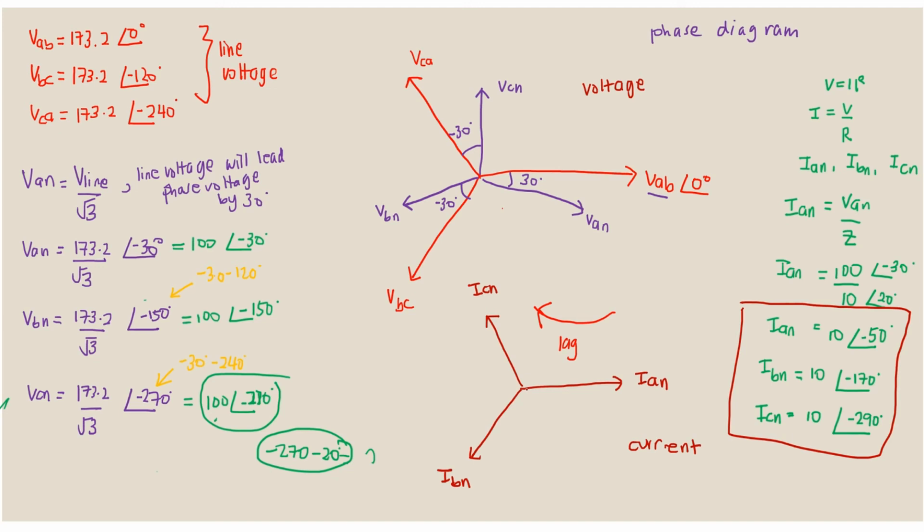You can also draw it this way, of course, but then it will not show negative 50, negative 170, or negative 290. If you combine them, then the degree is important.